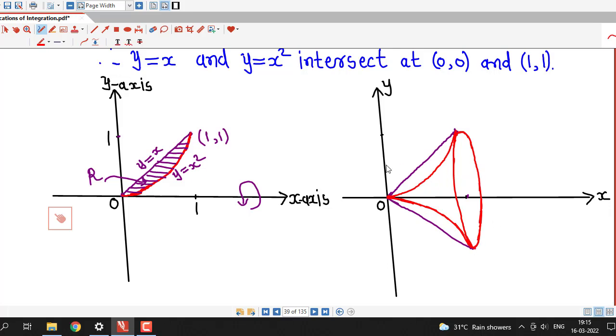Now if we consider the cross section of this solid perpendicular to the x-axis, then we will obtain this type of disc. The cross section perpendicular to the x-axis may look like this.